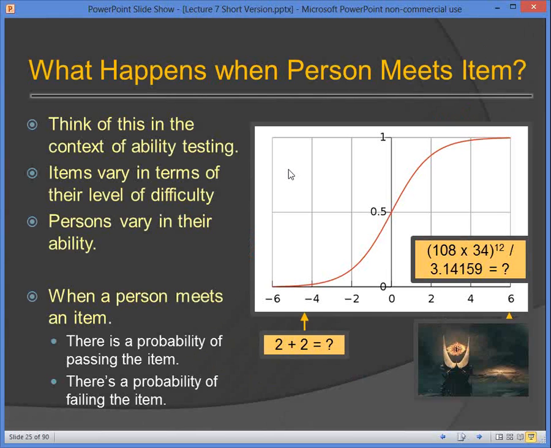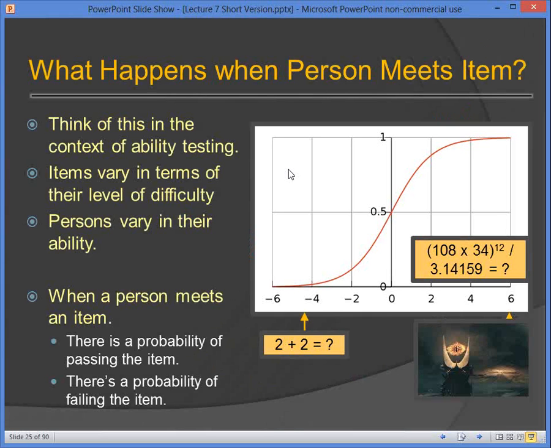And in this situation, there is a probability that the person will win the tug of war, or that the item will win the tug of war. And when the person and the item are perfectly balanced, when person ability is equal to item difficulty, then the odds of either one prevailing are actually 50%.